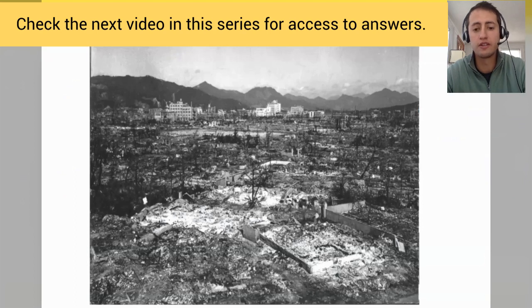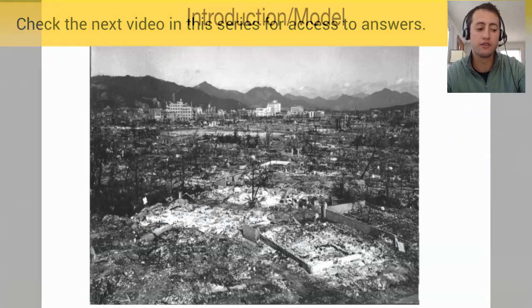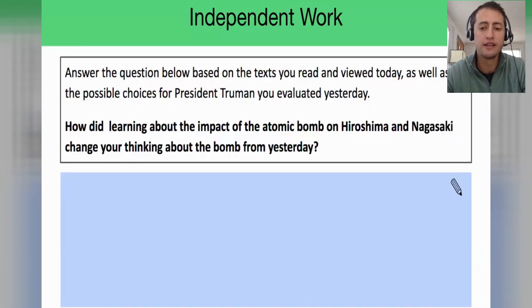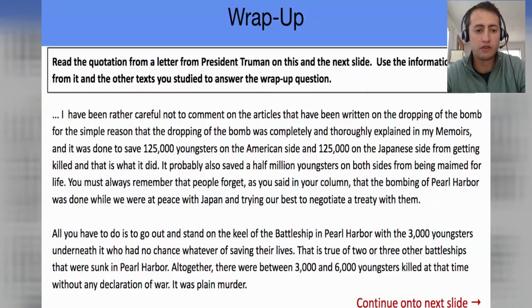So once students have answered all 4 of the questions, analyzed all 4 documents, and answered all 4 questions, they'll be thinking about whether this impacts their decision yesterday, or from the previous lesson, and that's the independent work for the lesson.